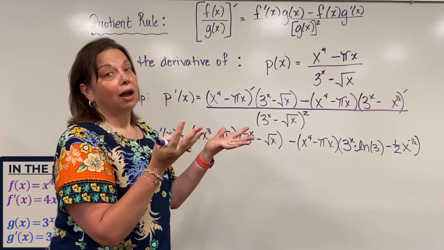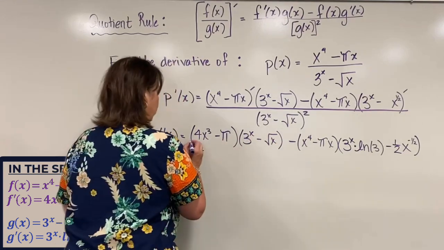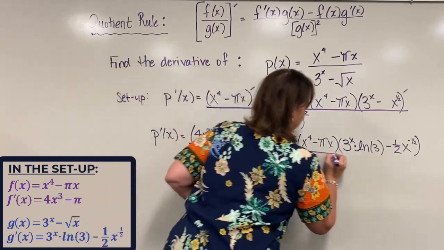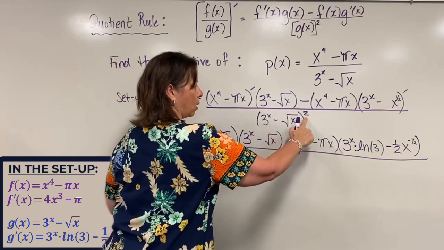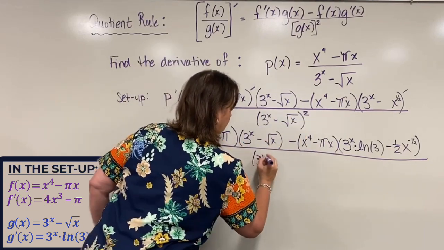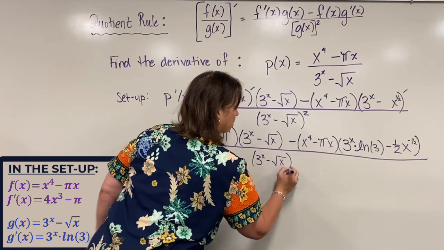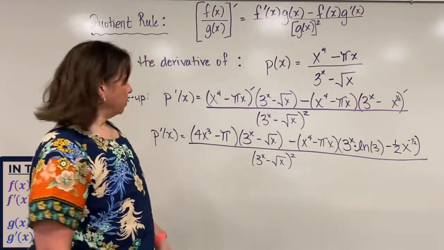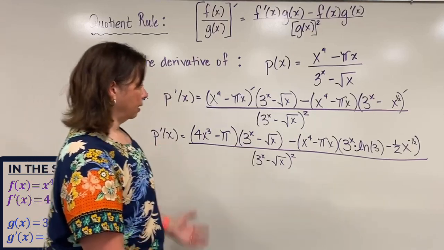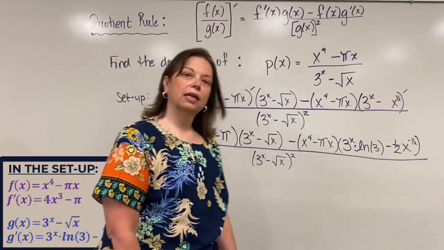But I'm not done. Of course, I still have to take this whole thing and divide it by my denominator squared. So 3 to the x minus square root of x squared. Now you might be wondering, can we simplify this big ratio function that's here?